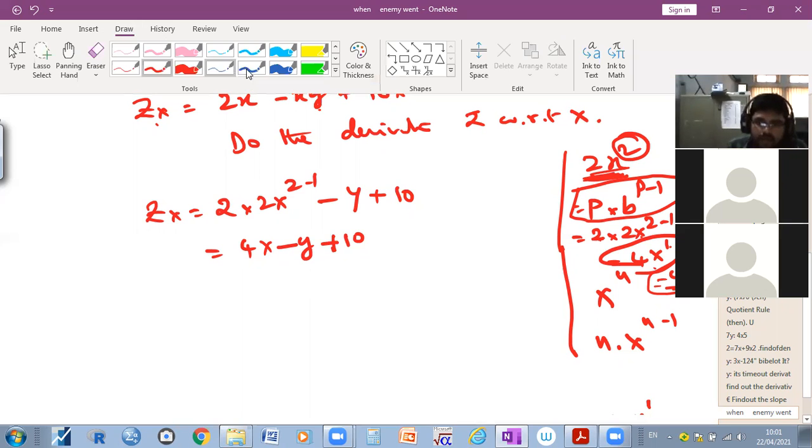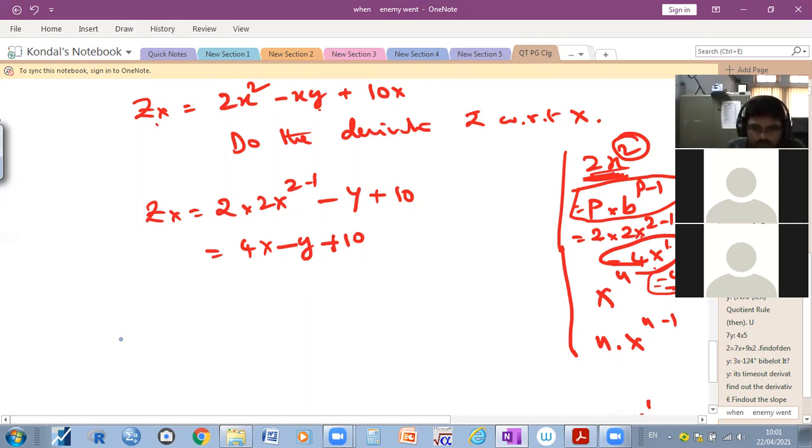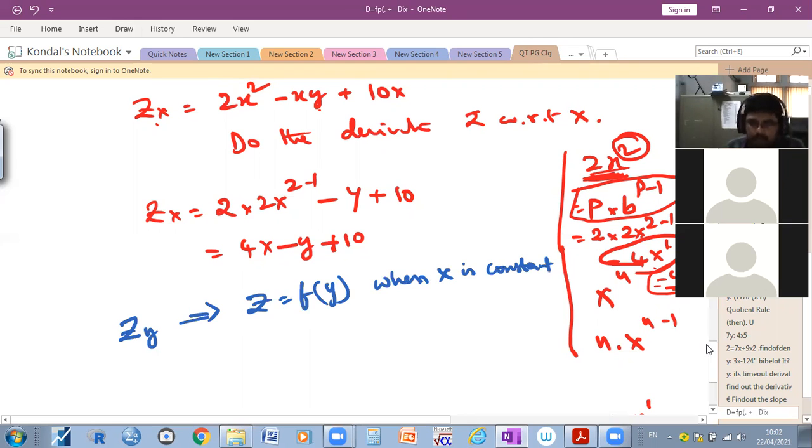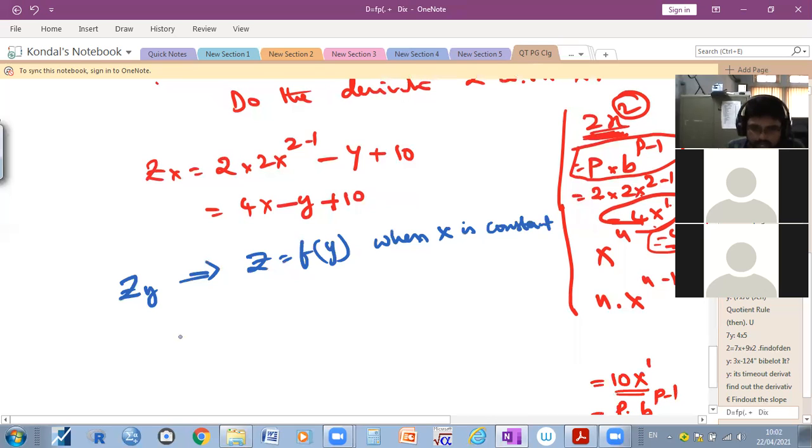So then z with respect to y. I am going to simplify this. See, z is a function of y when x is constant, right? Then we can write zy.